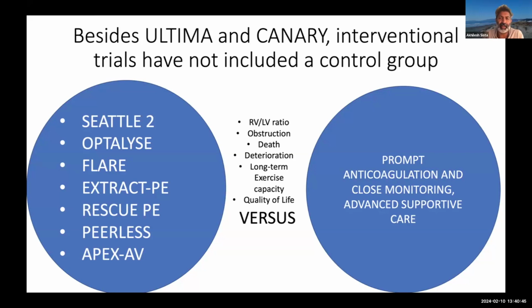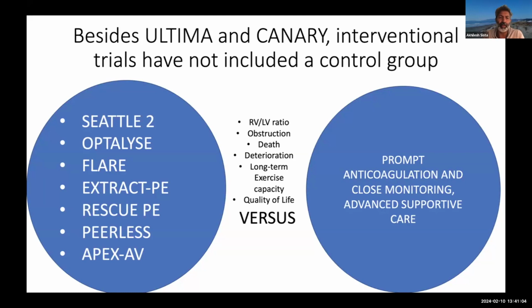Part of this is that the Seattle 2 study, which looked at the EKOS device and ultimately gained FDA approval for it, took on this model and was looking at the RV-LV ratio change from pre-intervention to post-intervention. And that model was adopted by the FDA for any new device entering the space.